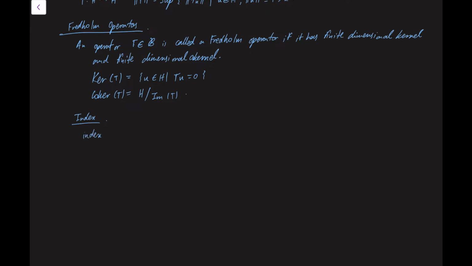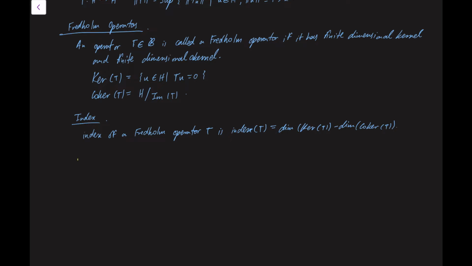The index of a Fredholm operator T, denoted index of T, is equal to the dimension of the kernel of T minus the dimension of the co-kernel of T. Of course, this is well defined because for a Fredholm operator, the kernel dimension and the co-kernel dimension are finite, so this quantity is also finite. Let's look at an example.